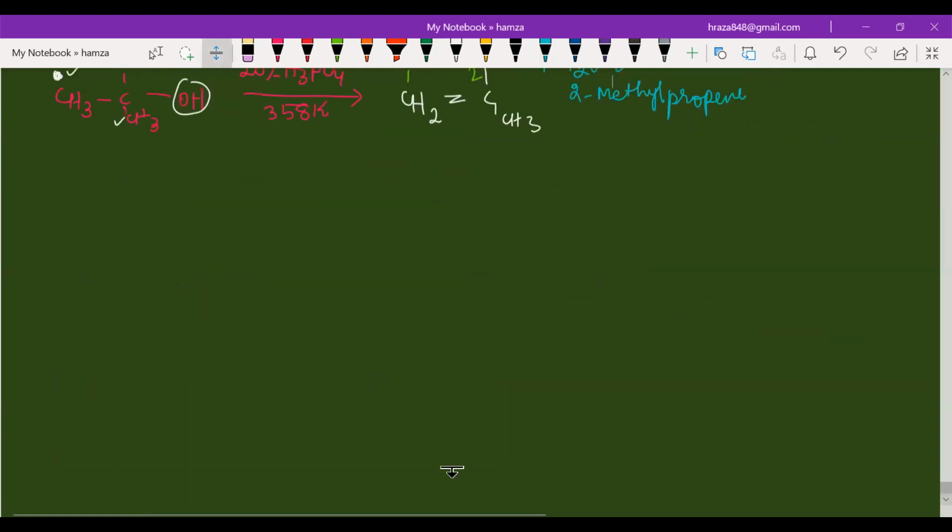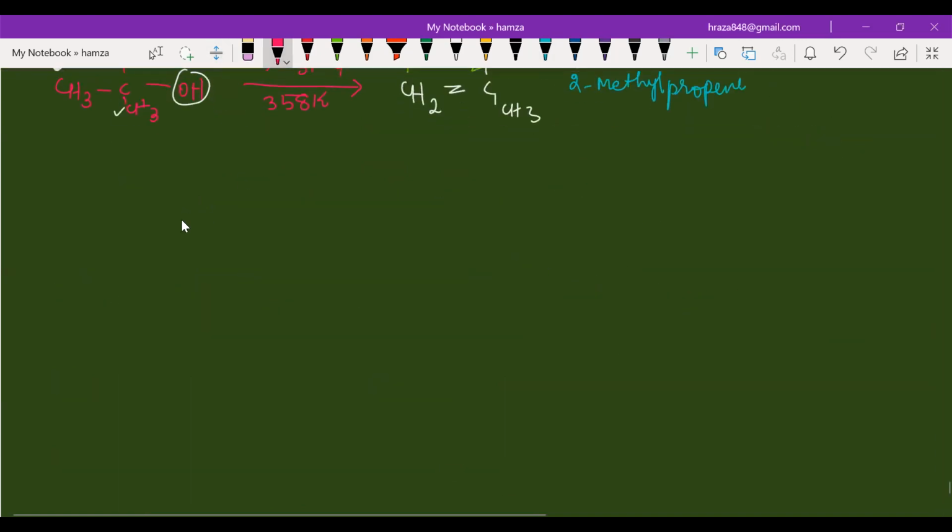Now I am going to write a point about it, which is very easy. We can say the reactivity. I already wrote it on the right hand side of the previous slide, but still I am going to write the relative ease of dehydration.